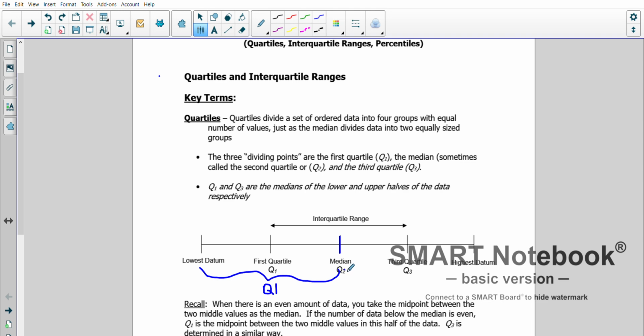And if I take the second half of the data, which is this, the median to the highest data point, that would be the third quartile. So the third quartile is the median of the second half of the data. The first quartile is the median of the first half of the data. And of course the median is the middle of the data. The median is also referred to as the second quartile.